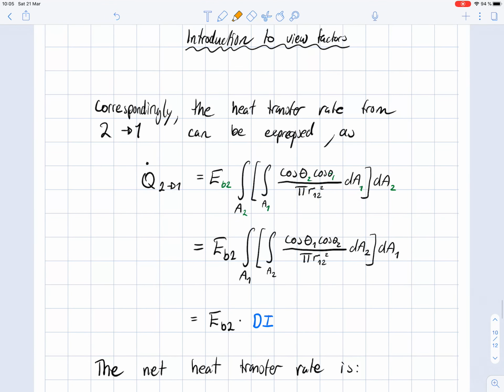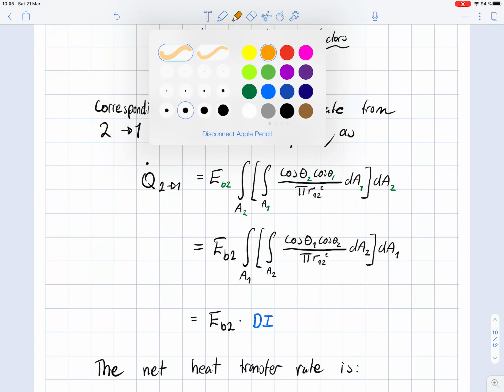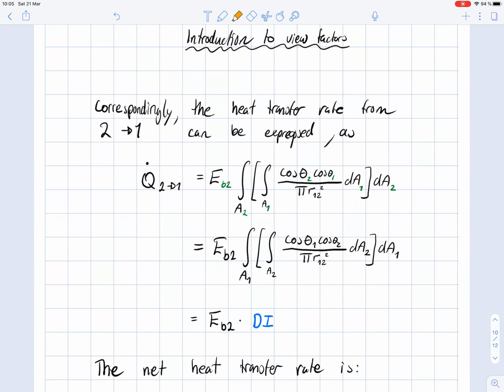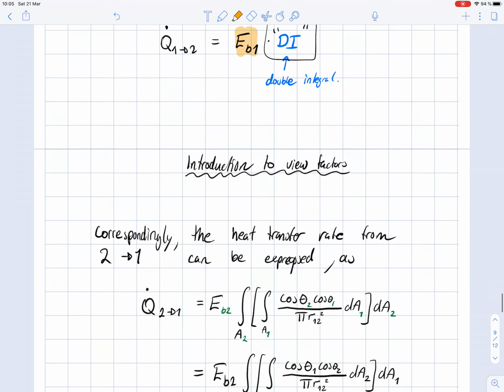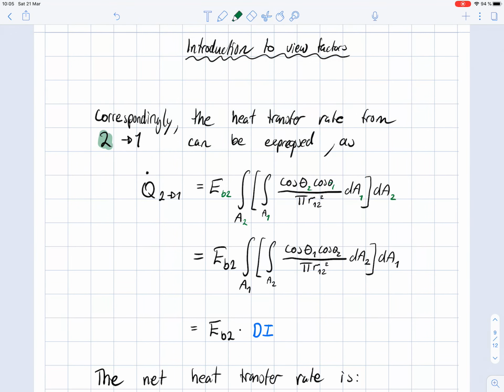Now if we do the corresponding calculation from surface 2 to surface 1, of course, we will get EB2 instead, because it will depend upon the thermal state of the second surface.